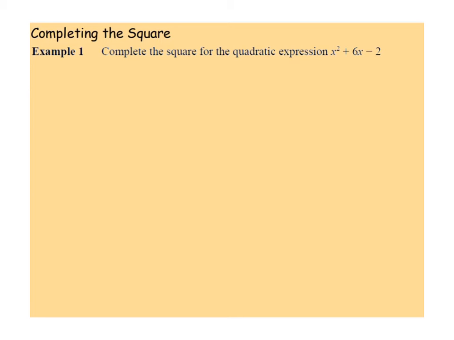So first of all, example 1. We can see here that if you think back to my diagrams, and you won't need to think back to my diagrams when you do your own questions, I'm just going to include them so that it helps you to understand what's going on. We've got an area of x squared add 6x.